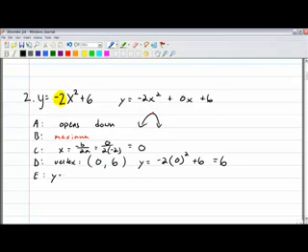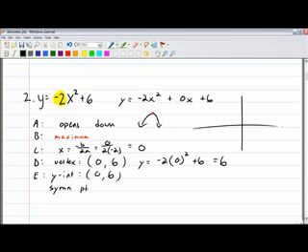So for part E, the y-intercept, well, when x is 0, what is y? Well, y is 6. That's going to make a little bit of a difference when we look at the symmetric point. So think about your graph here. You're at over 0, up 6.